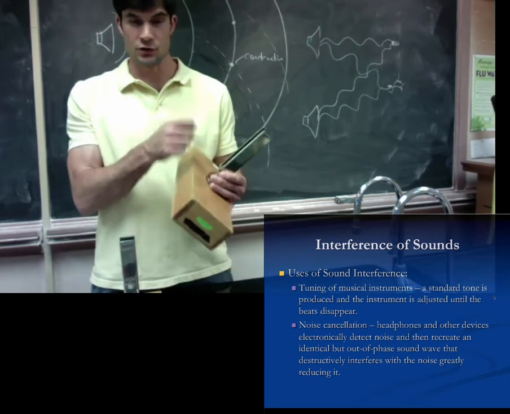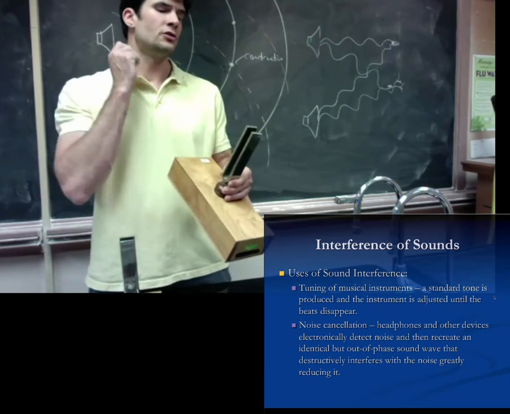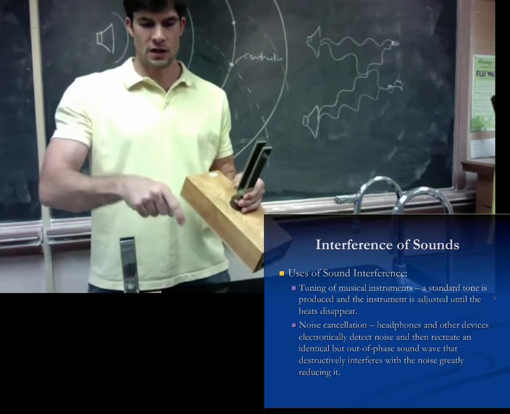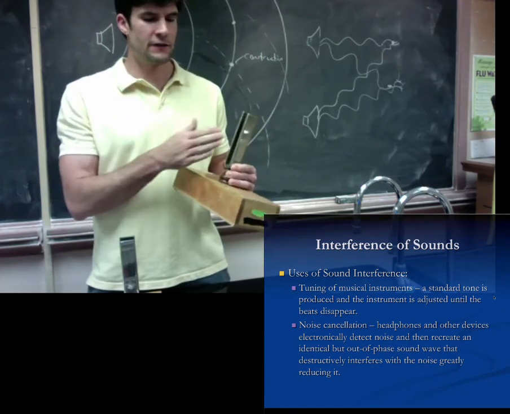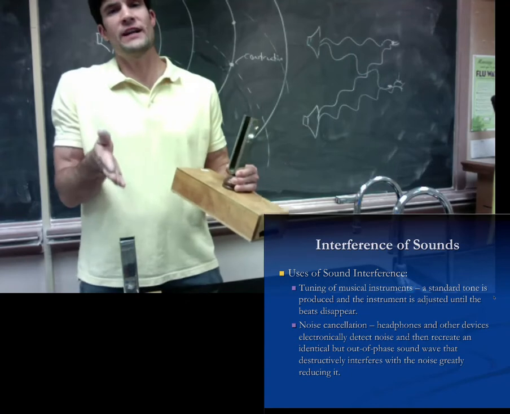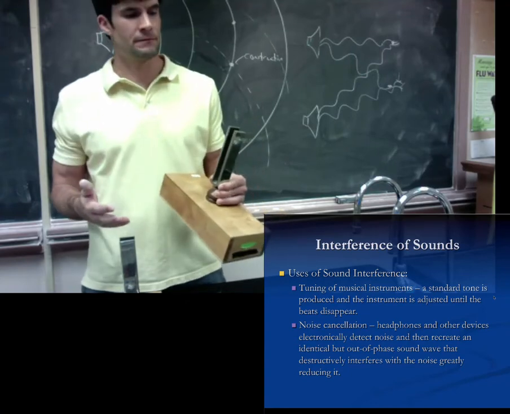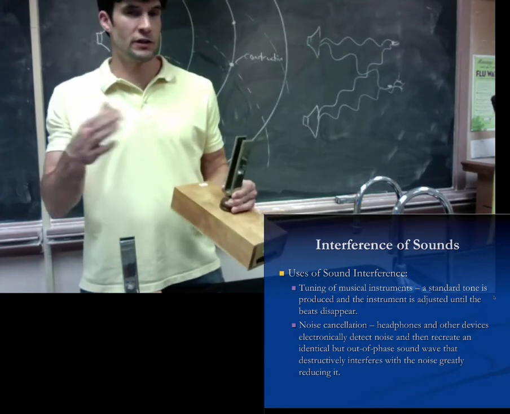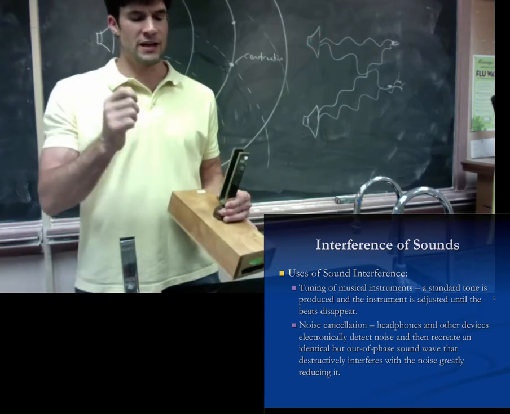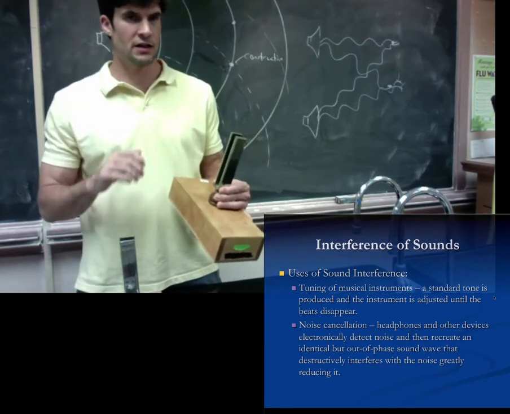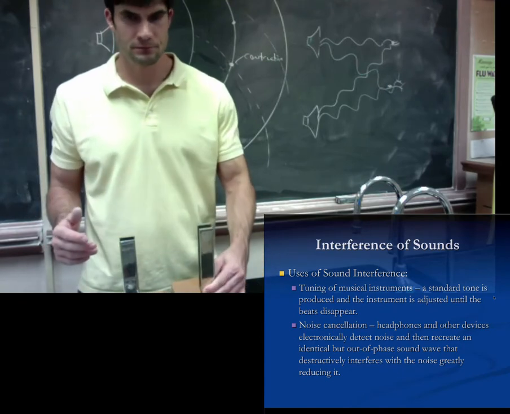A tuning fork is designed to produce a specific frequency. So you strike the tuning fork, and then you hit the note on the piano or on the guitar or whatever, and listen. If the piano is producing the correct note, then you won't hear any beats. But if it's out of tune, then you'll hear beats. And that lets you know that you should adjust the piano, increase or decrease the tension of the strings until the beats go away.